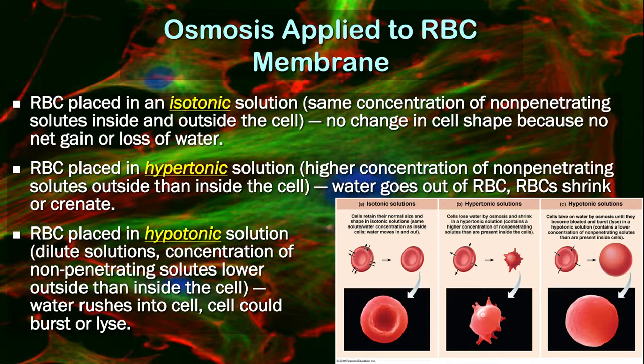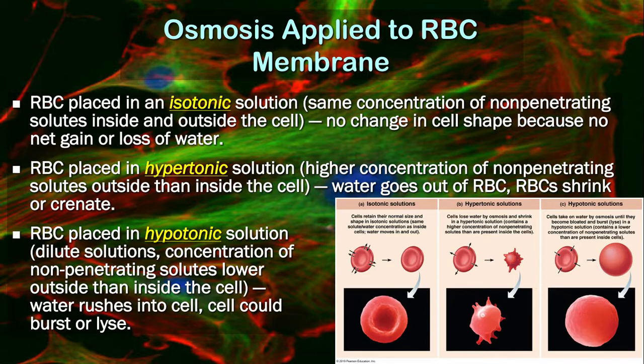So hyperactive, you are super active, right? So a hypertonic solution has a super amount of solute. So we have lots of solute there. An example of this would be salt water. It's really, really salty.